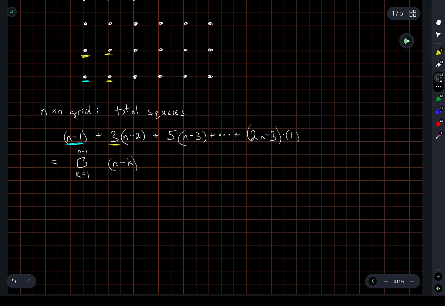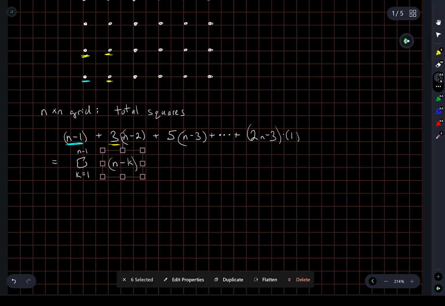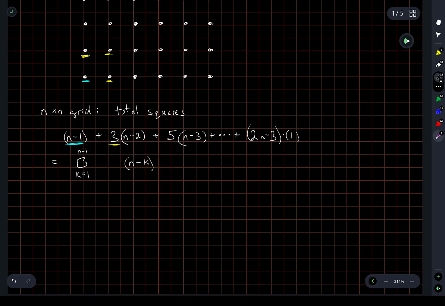And what am I multiplying by here? So these are the n minus k's, right? That's an n minus k, that's an n minus k, and so on. As my index k increases by 1, these terms in parentheses are always decreasing by 1.